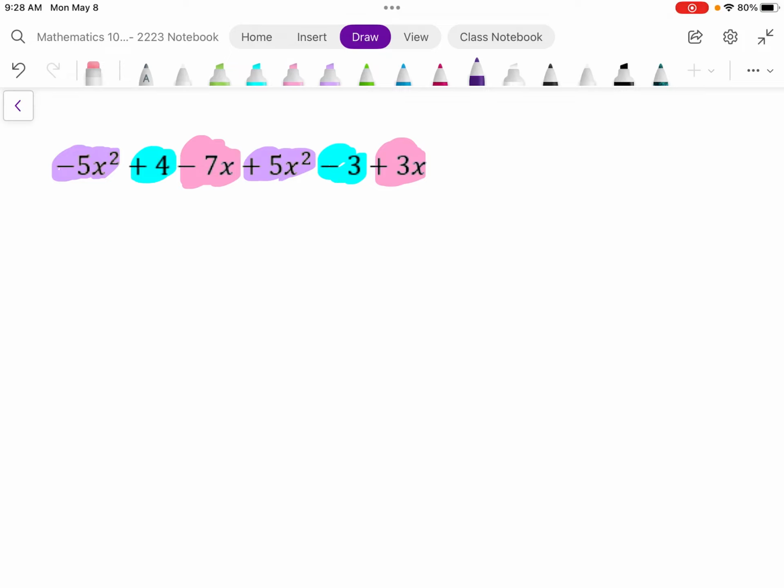Now the reason why I'm going to organize this is I'm going to organize this in the highest exponent. So I'm going to say negative 5x squared, and I'm just going to add 5x squared. Then I'm going to work with the x or pink group because that's degree 1. So I've dealt with degree 2. Now I'm going to work with degree 1.